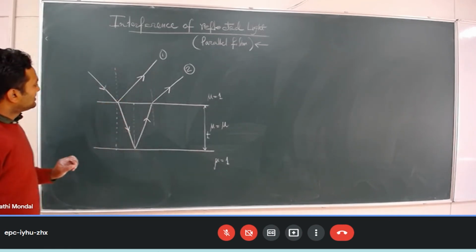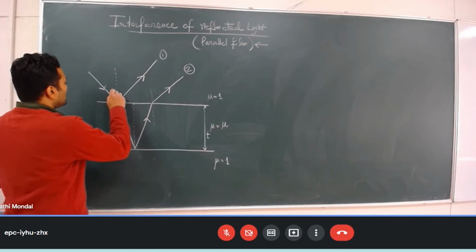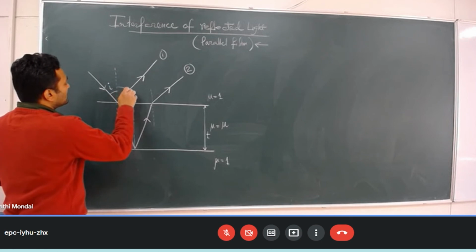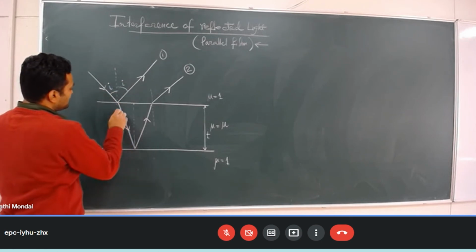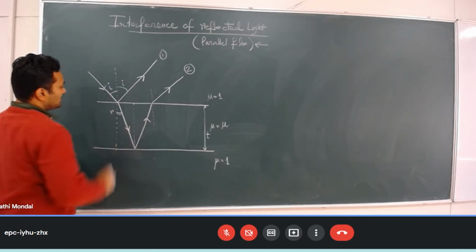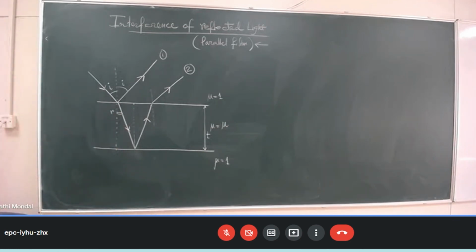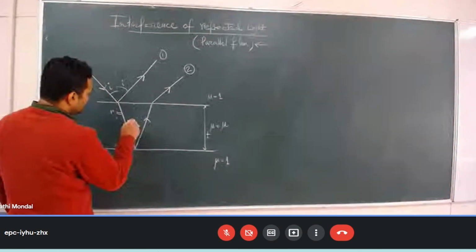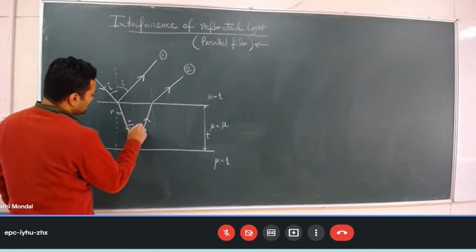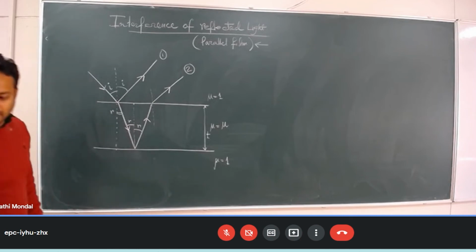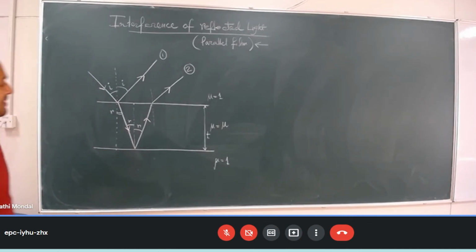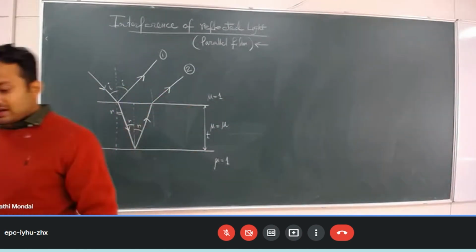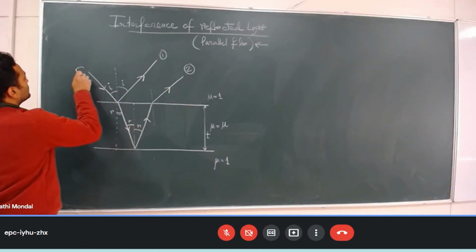Now let's say this is your incident angle, and this is again your incident angle, and this is your refraction angle. So this is also r, this is also r. Now we have to calculate. Let's do the numbering. This is the source.